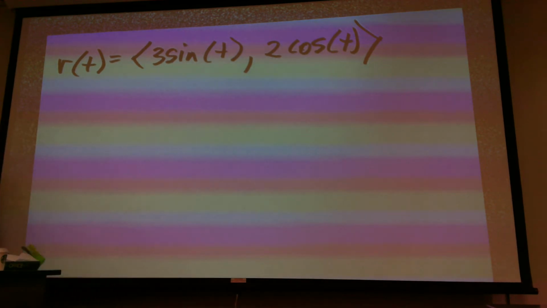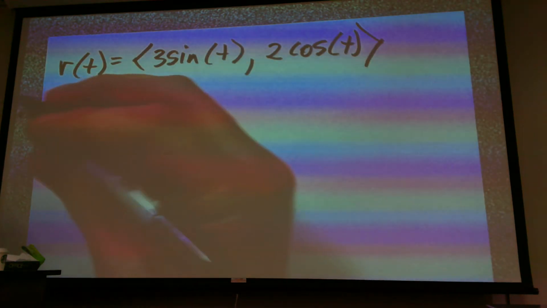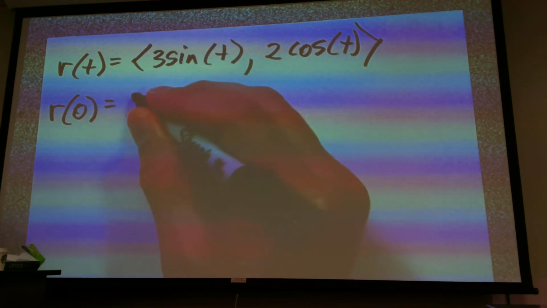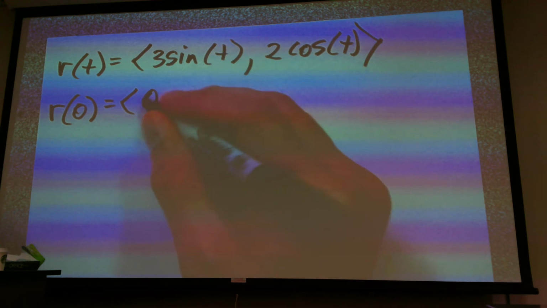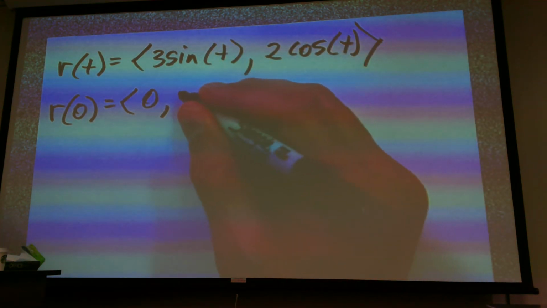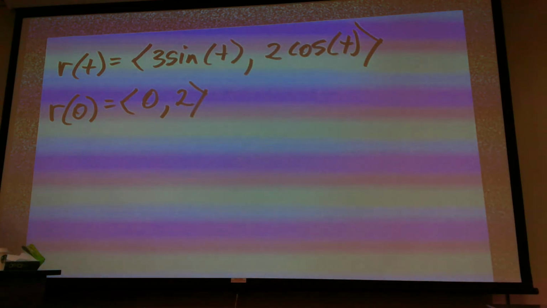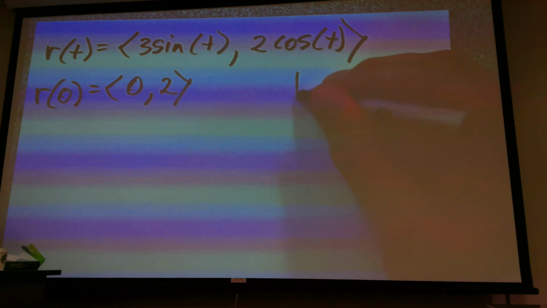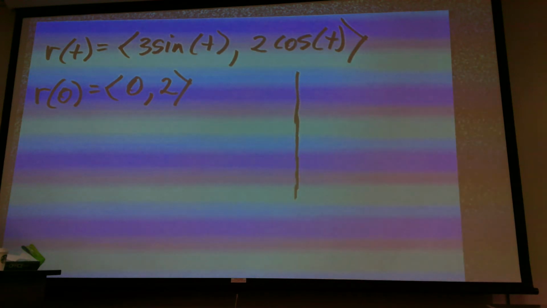Okay? So let's say, okay, I'll start out with, let's say r of 0. Now sine of 0 is 0. And cosine of 0 is 1, but it's 1 times 2, so that's going to be the point 0, 2. Okay. So let me just start this guy off.